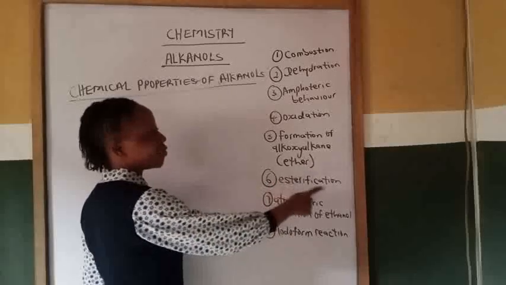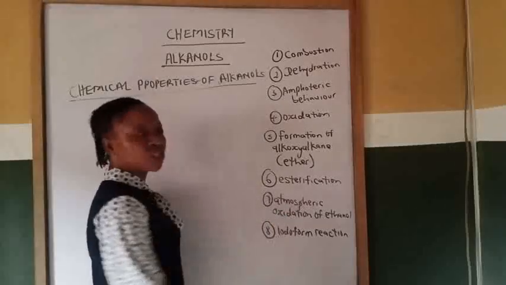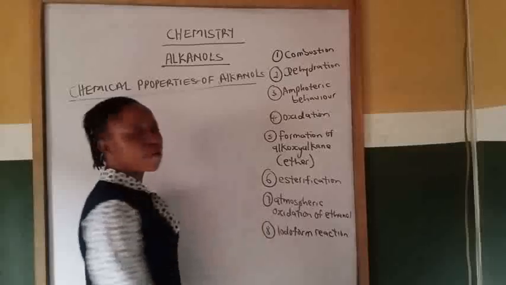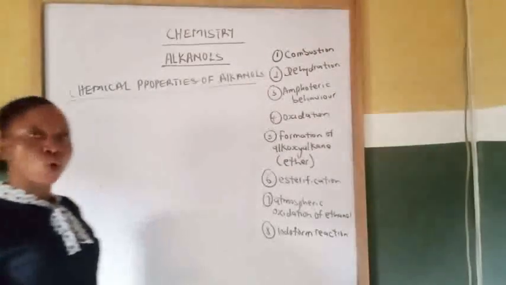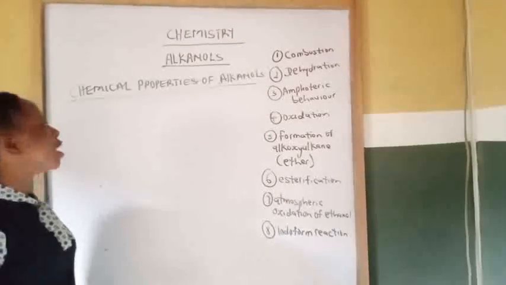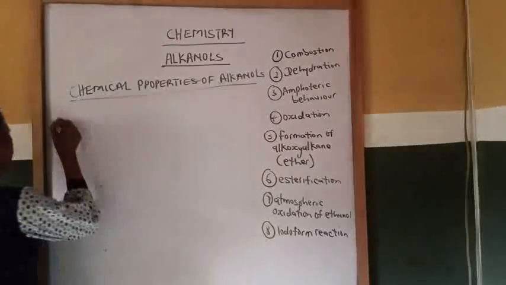Then we look at esterification reaction. Then we talk about atmospheric oxidation of ethanol. Then the iodoform reaction. So those are the chemical properties of alkanol that we are going to discuss. So let's first talk about combustion reaction.